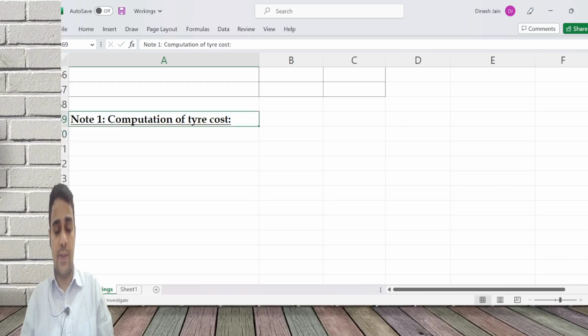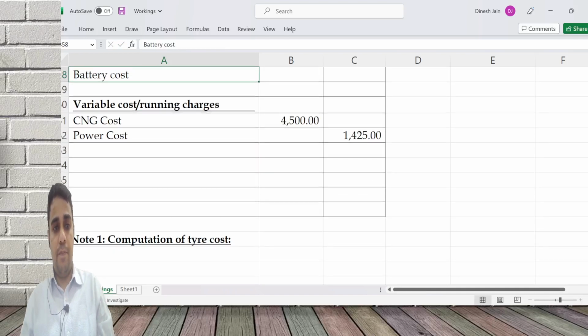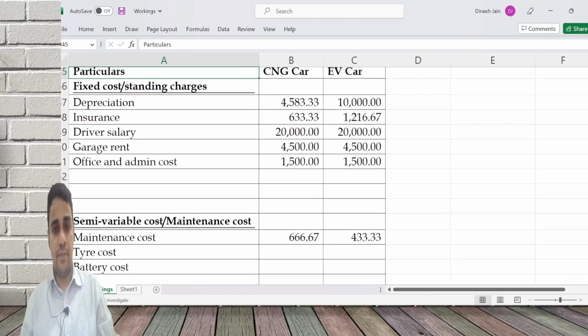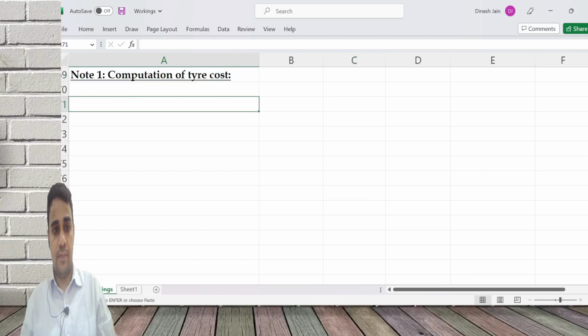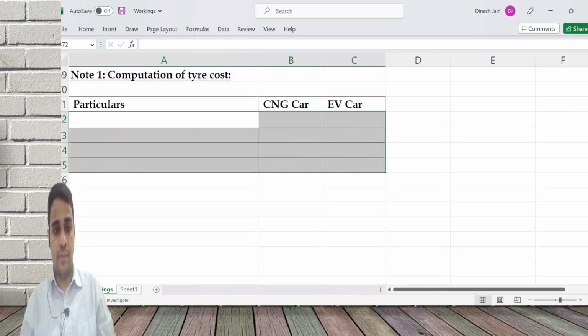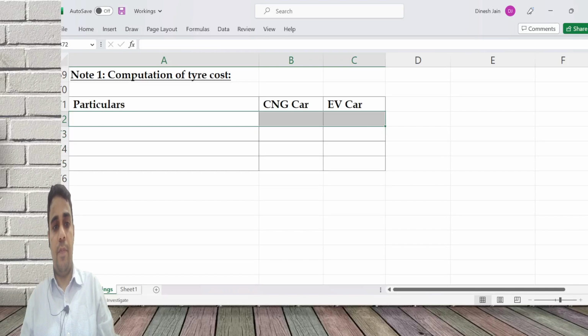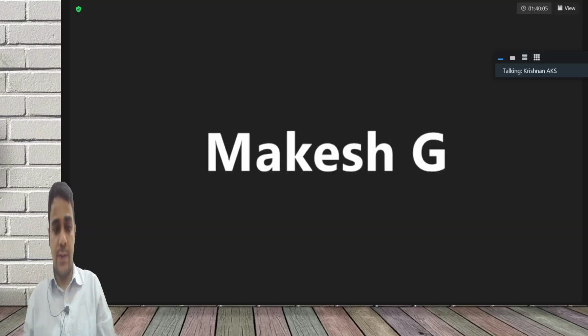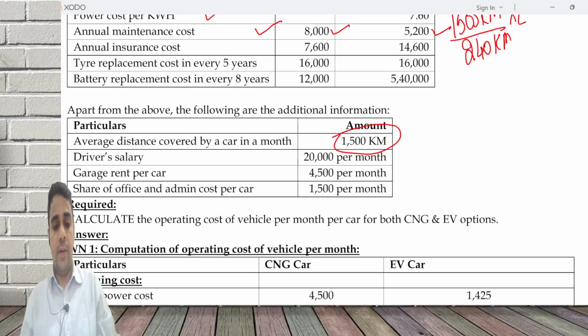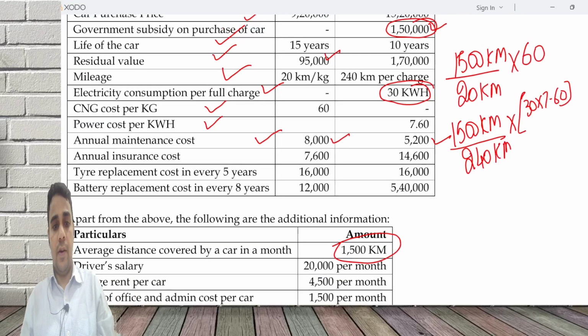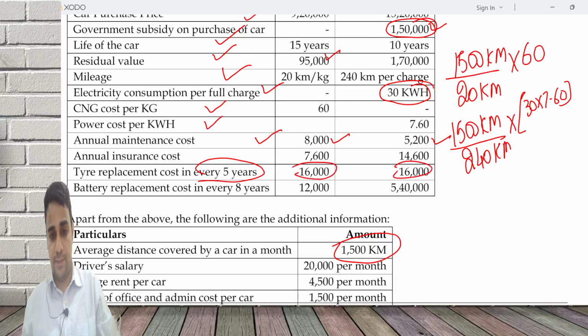Take the two vehicles. Now, tire has to be replaced every 5 years and you incur 16,000 and 16,000.